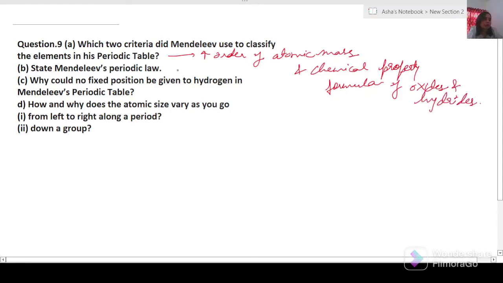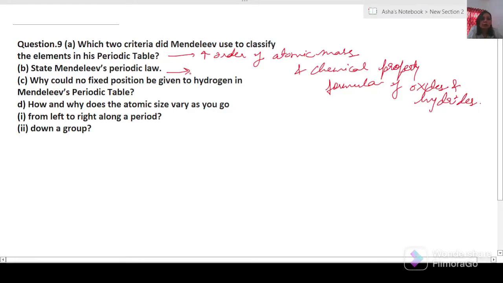State Mendeleev's periodic law. He basically said that the properties of elements are a periodic function of their atomic masses. Like that only you will have to write.